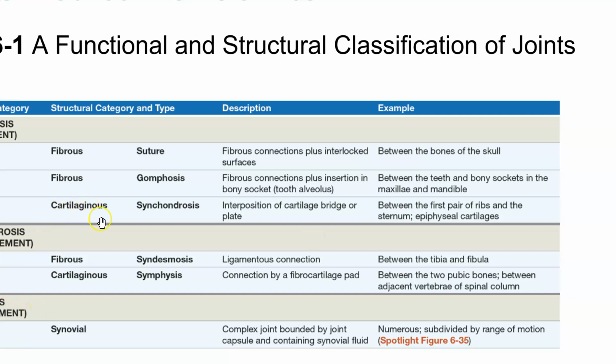Then there's the cartilaginous synarthrosis, and that is technically called a synchondrosis. An example would be epiphyseal cartilages, which you only see in people who are not fully grown. And then also between the first pair of ribs and the sternum is another example of a synchondrosis joint.